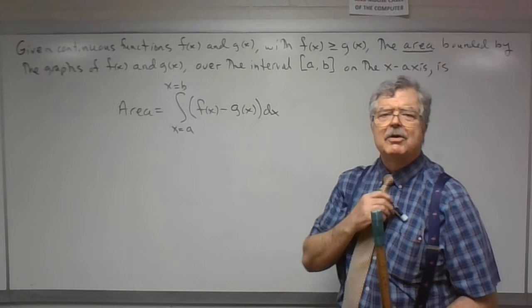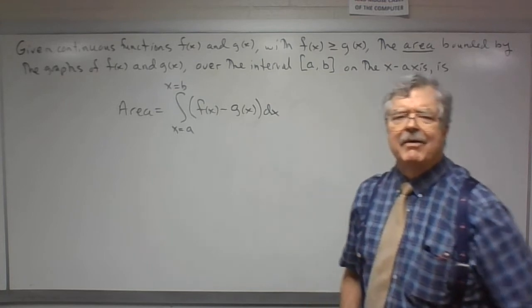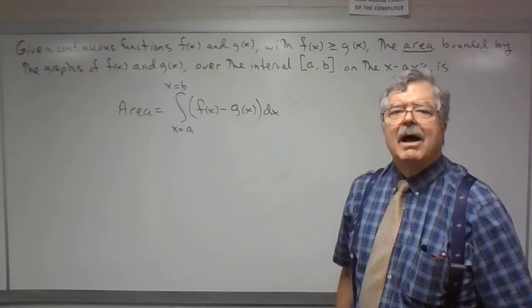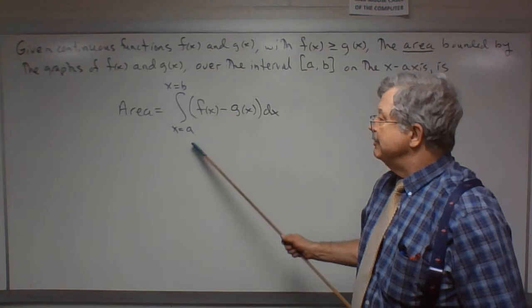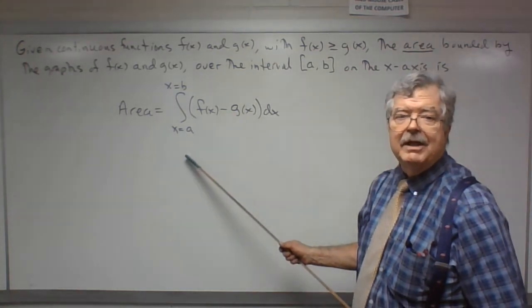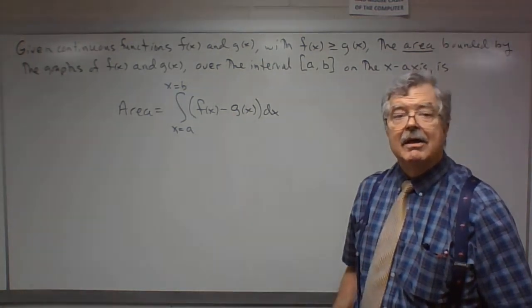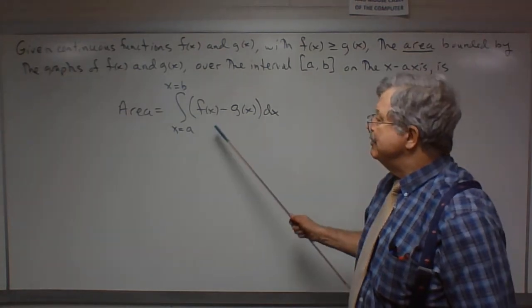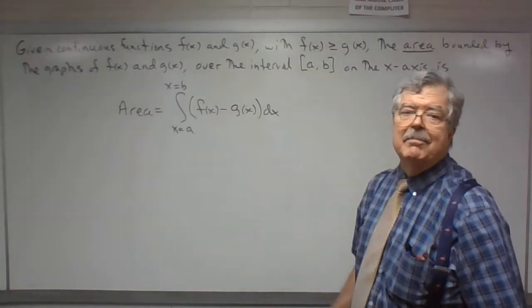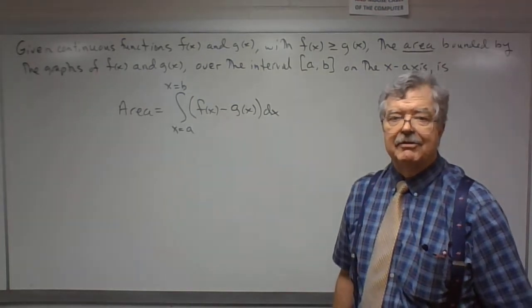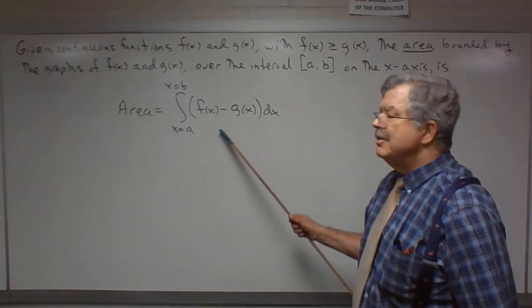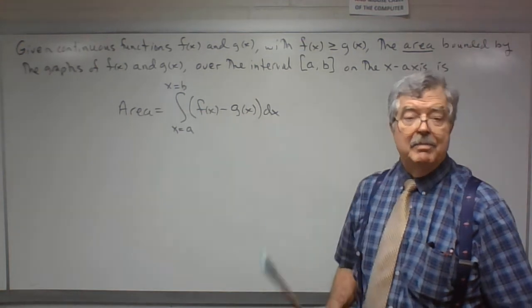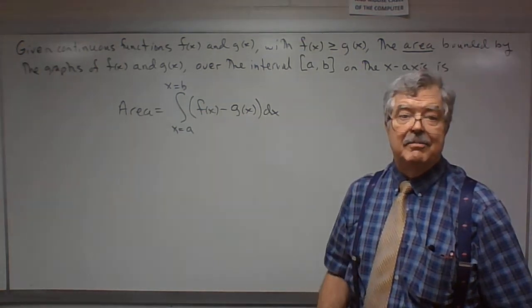And we will be computing area this way. There are a number of applications in mathematics, especially in statistics, where we need to be able to compute the area bounded by the graphs of two functions. And when we use this formula, we'll be calling it the f minus g method.